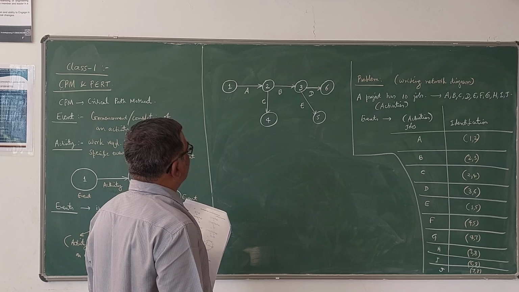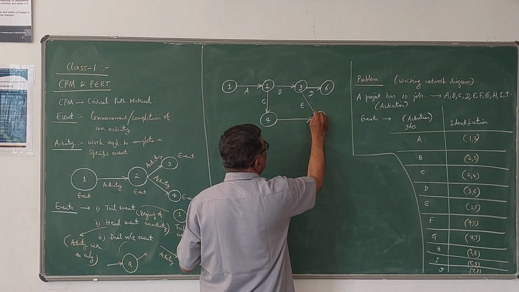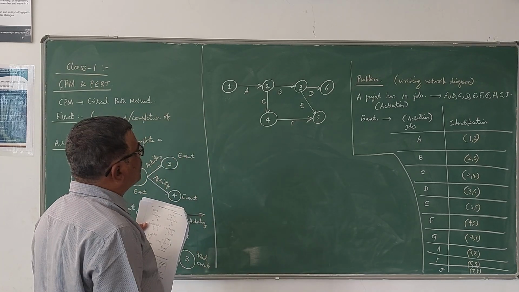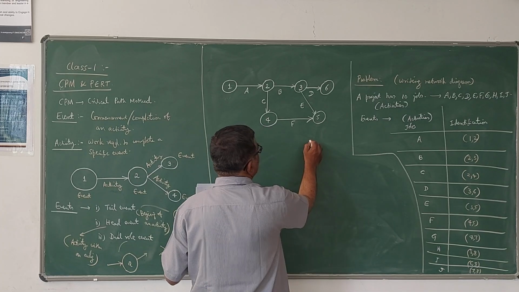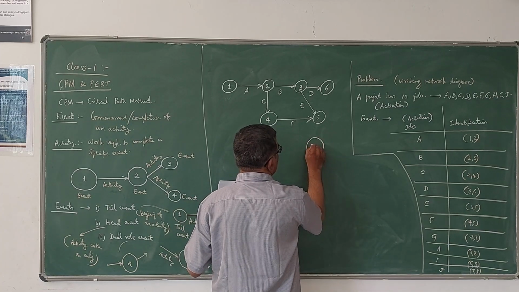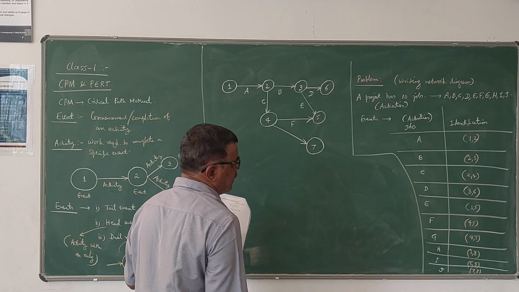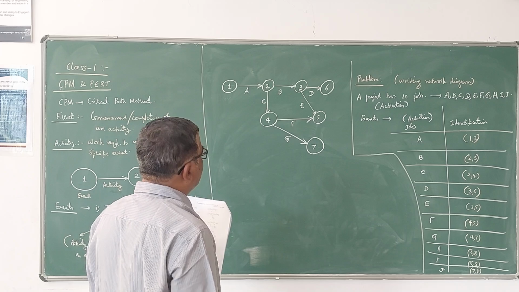Then 4 to 5. 4 is there, and 5 is already there, so you can just join. This is F. Then 4 to 7. So 7 I will take here. 4 to 7, you have to connect, and the job is G. Then 5 to 8.